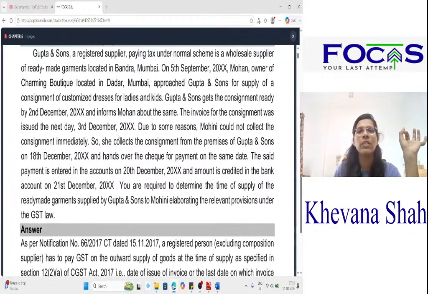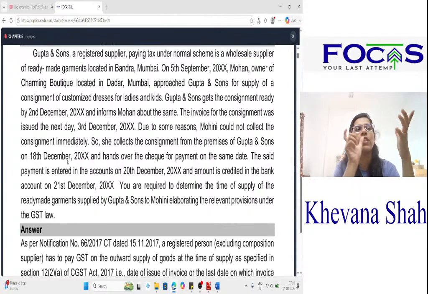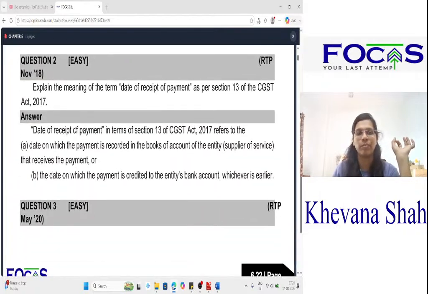Okay, because on 3rd December your invoice is issued, and goods are collected on 18th of December. So that date is later. Now we have to check the earlier dates. So the due date of issue of invoice is later than your 3rd of December. So here in this case my time of supply will be 3rd of December.